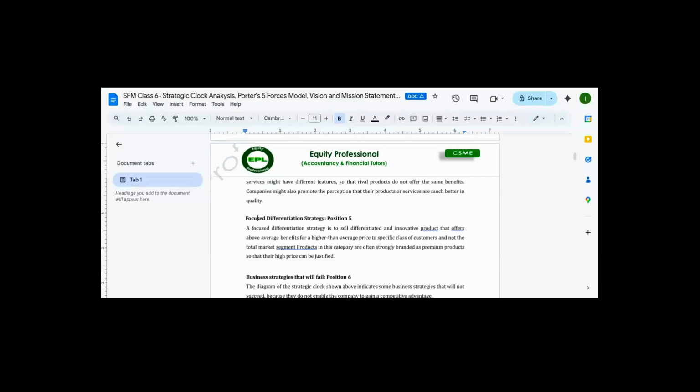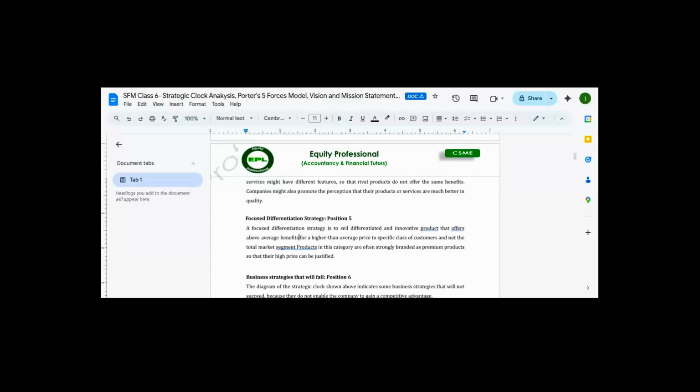Why do we call it a focus differentiation strategy? It is to sell differentiated and innovative products that offer above average benefit to our customers.